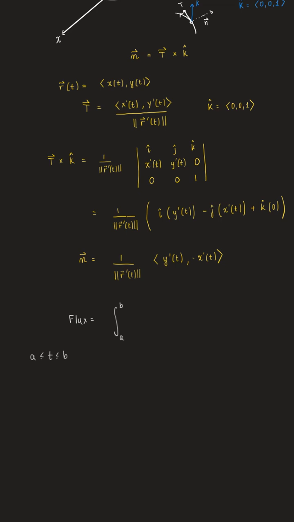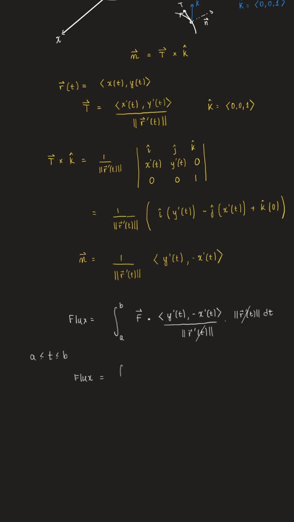And we've got the dot product of our vector field F dotted with our normal vector, which is y prime of t, negative x prime of t, over the magnitude of r prime of t. And we had originally defined this multiplied by the arc length differential, which is magnitude of r prime of t dt. And we can simplify this a bit because you can see that the magnitudes of r prime cancel out.